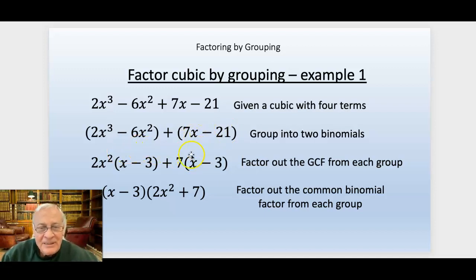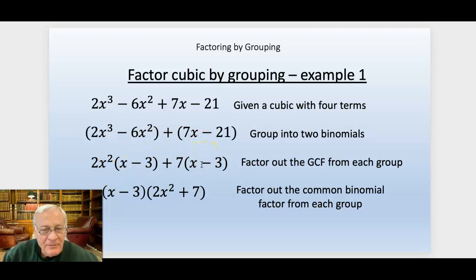And in this one I can take out a 7 from both. But what happens here, now this doesn't always happen, but the problems I'm going to give you are set up this way. See this binomial, x minus 3 here, and x minus 3 right there? That's a common factor of these two terms.